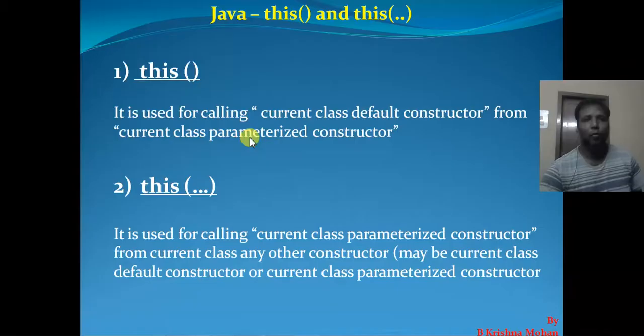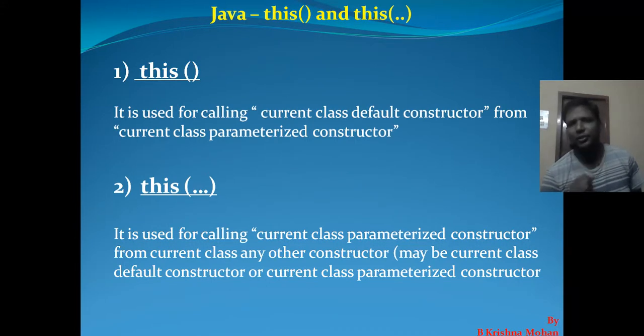Now what does it say? This is a method which is used for communicating from the current class default constructor to the current class parameterized constructor. If you want to go from the default constructor to the parameterized constructor, or from the parameterized constructor to the default constructor, we have to use this.